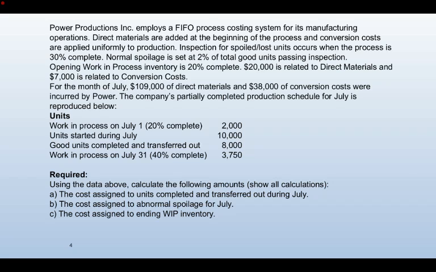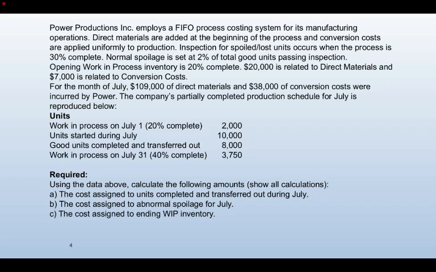So if 100 units are good, 2 units would be acceptable as bad. All right, and what else do I know? Beginning WIP is only 20% done. So they haven't been inspected yet. I got some costs associated with the value of beginning WIP. I've got some costs associated with this month's production, and I've got a production schedule.